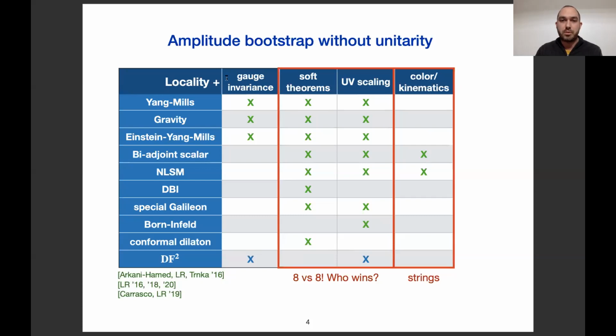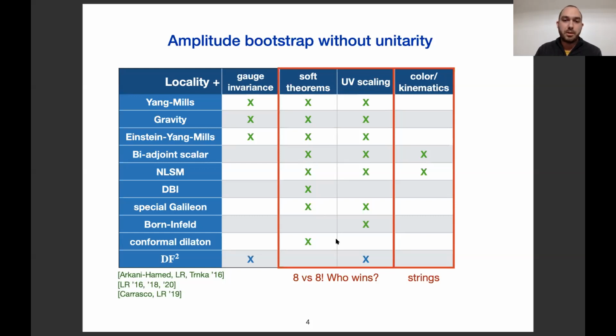And these are the main principles you can use: gauge invariance, soft terms, or even some more general IR behavior, UV scaling, and color kinematics. And I'll discuss these three things. Now, one thing you immediately notice is how powerful soft terms and UV scaling are.